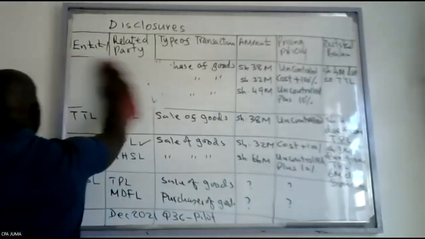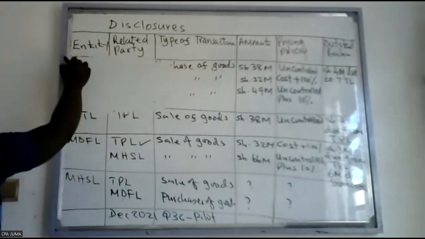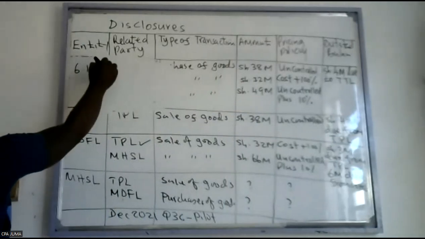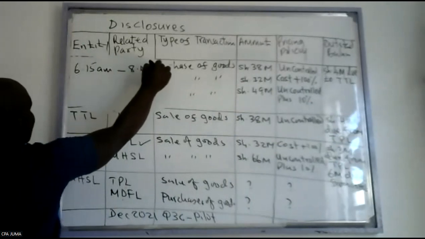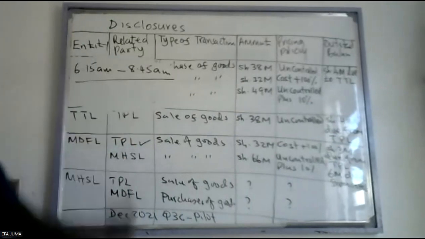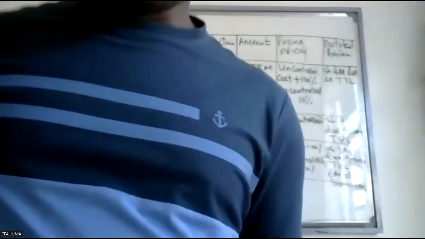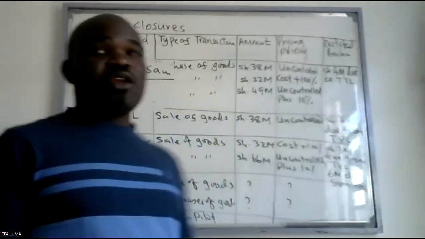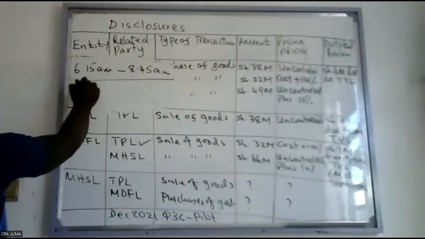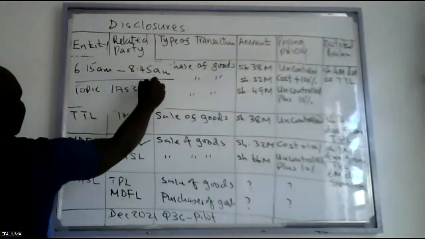So tomorrow again, let's meet at 6:15 a.m. up to 8:45 a.m. We shall be doing IS 30, accounting for banking institutions.